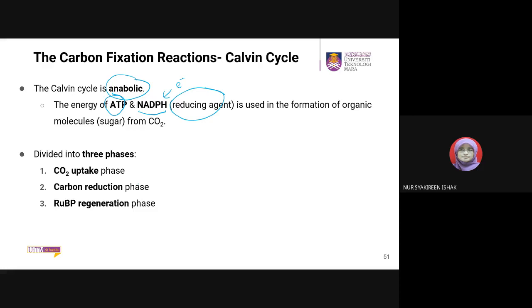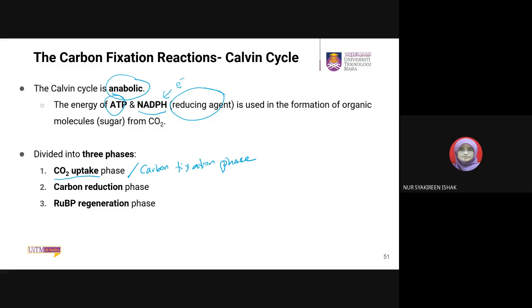So it is divided into 3 phases. Carbon dioxide uptake. Kalau baca dalam buku Campbell, ini daripada buku Solomon yang awak ada tu. Tapi dalam buku Campbell dia juga guna istilah ni sebagai carbon fixation phase. Okay, sama je.